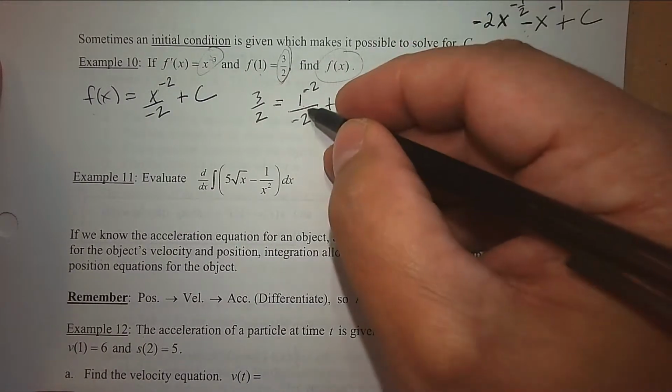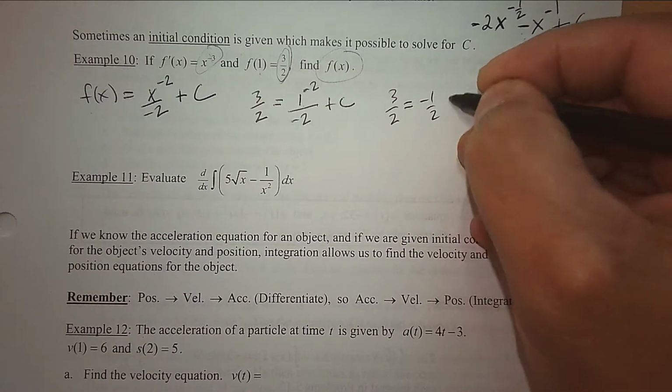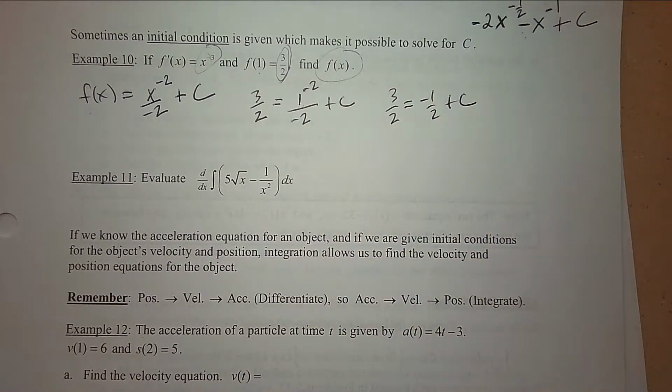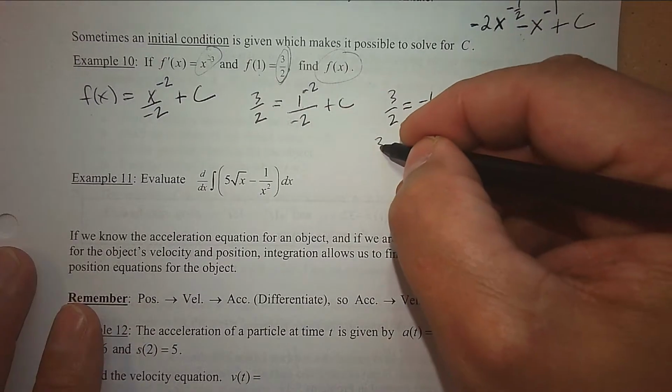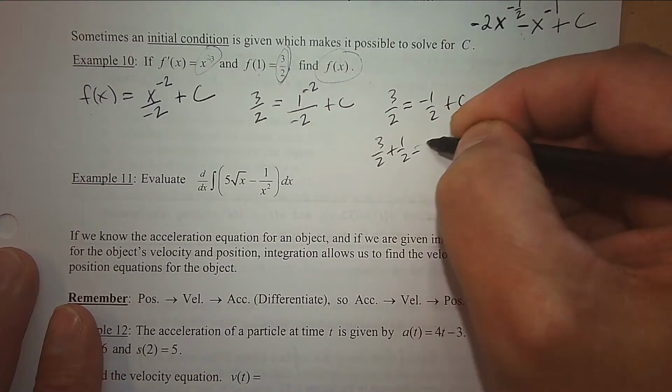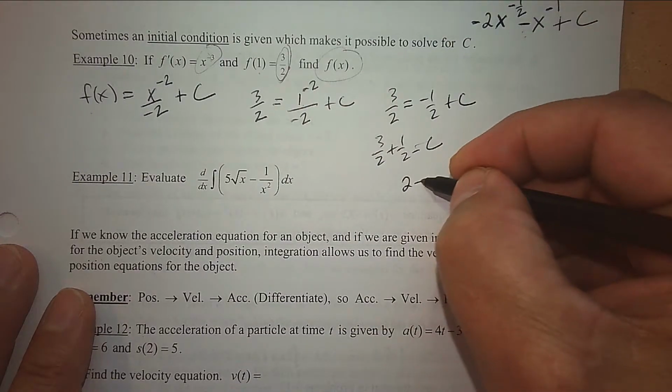And 1 divided by negative 2 is negative a half. Can you get c by itself? What would you do to both sides? Add a half. What's 3 over 2 plus a half? 3 plus 1 divided by 2. So what does c equal?